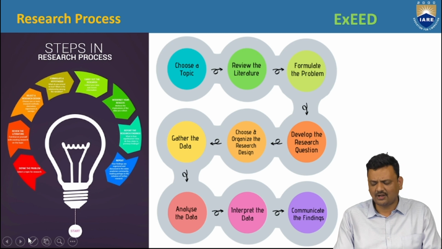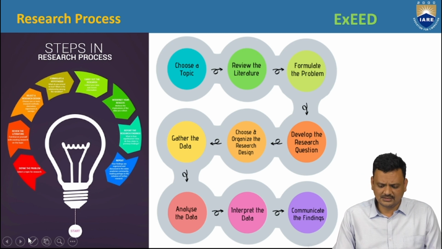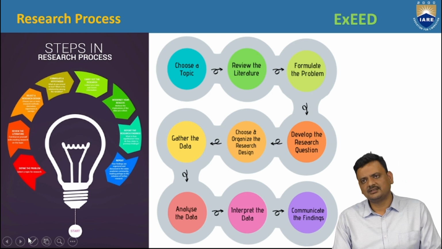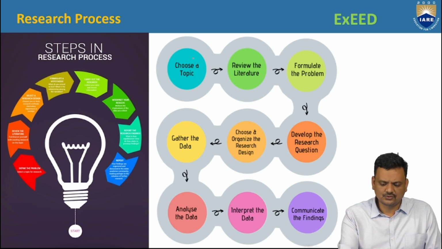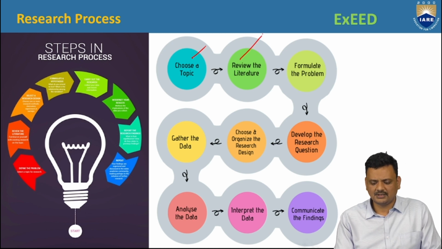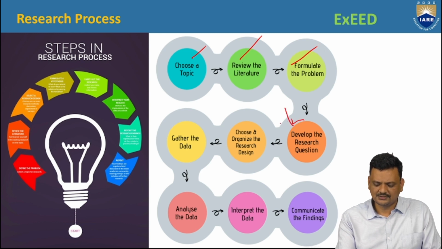Now again, the research process. There are various steps in performing any research. First, choose a topic. Second, review the literature on that topic. Then formulate the problem. Then develop the research question.